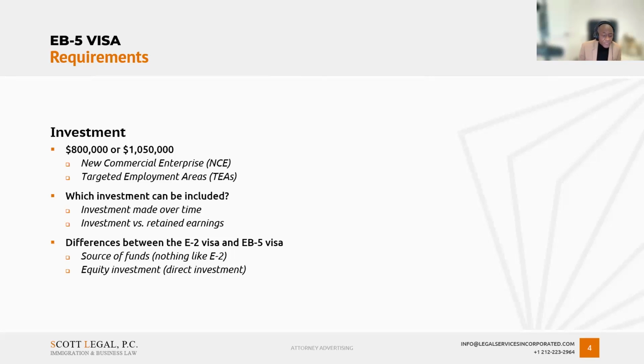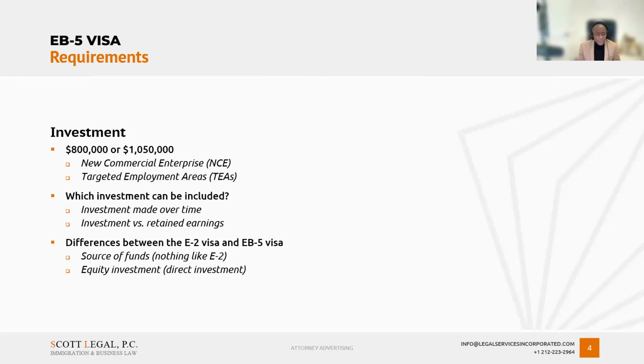A lot of the investments are similar, but a few things to keep in mind is that the EB-5 program is extremely particular with respect to the investment and what can be included. For example, you cannot include the administration fee that you pay to a regional center. So you'd have to invest $800,000 in the regional center, and if there was a $30,000 or $40,000 or $50,000 administration fee, that couldn't be part of the $800,000. You couldn't include legal fees in the investment amount.